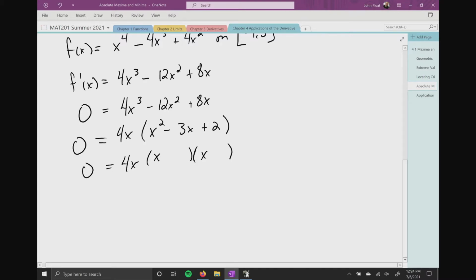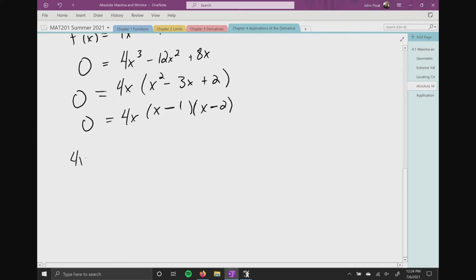I will always copy down the first sign. I know a negative times a negative is going to equal a positive, and the factors of 2 are 1 and 2. It doesn't matter where they go because they're both negative, and since they're both negative, they also combine to give me -3, which is great.